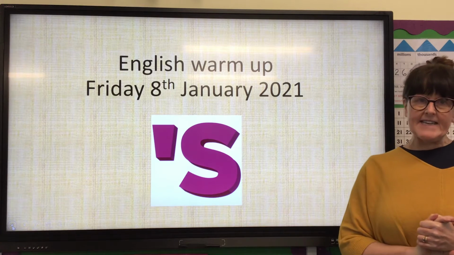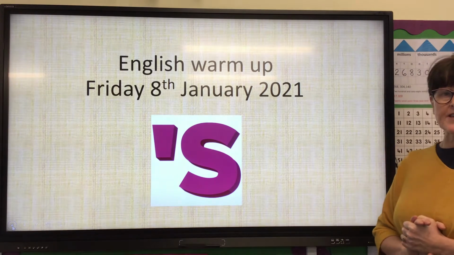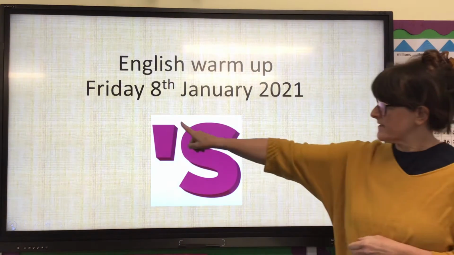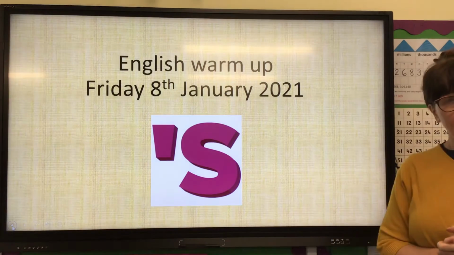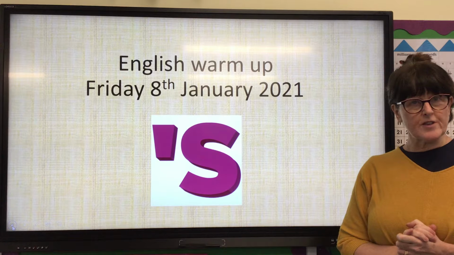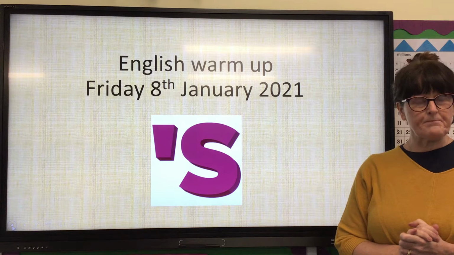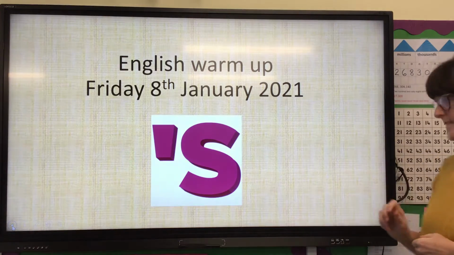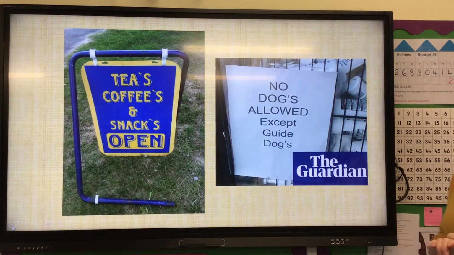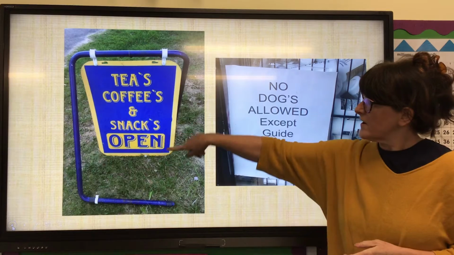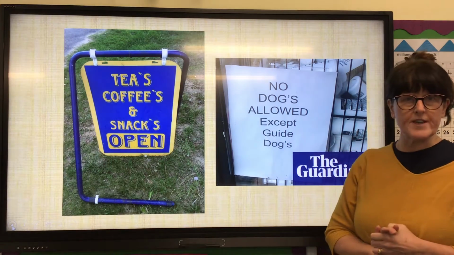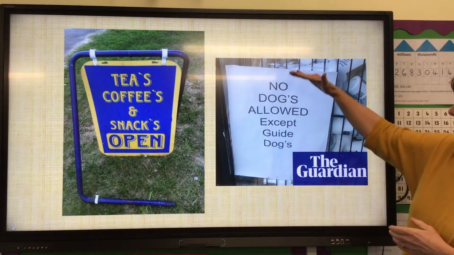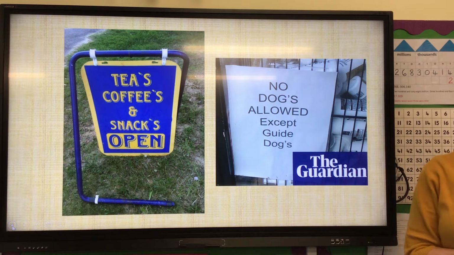So today in the English warm-up we will be looking at apostrophes and thinking about where you should and shouldn't use them. What I want you to do is have a look at these two signs. Here's a sign for a cafe advertising what they sell, and over here we've got some instructions.